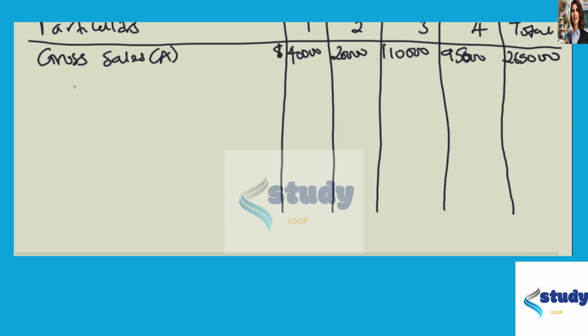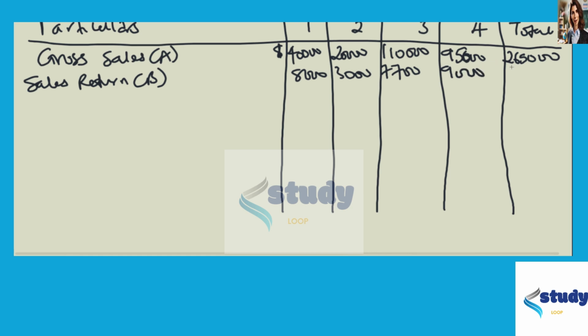Now moving on to the next thing, we're going to have the sales return, and this is B. For customer 1 it is 8,000. For customer 2 it is 3,000. Oh, that was a mistake. It's 3,000. For customer 3 it is 7,700. For customer 4 it is 9,000.